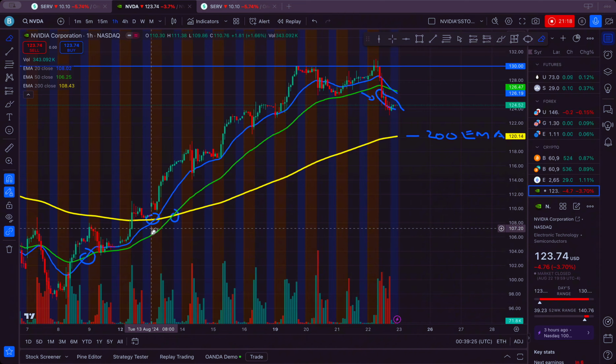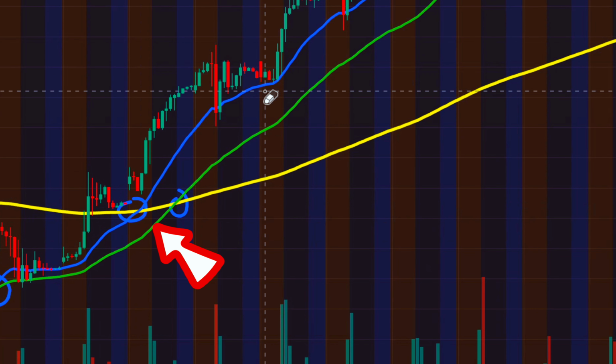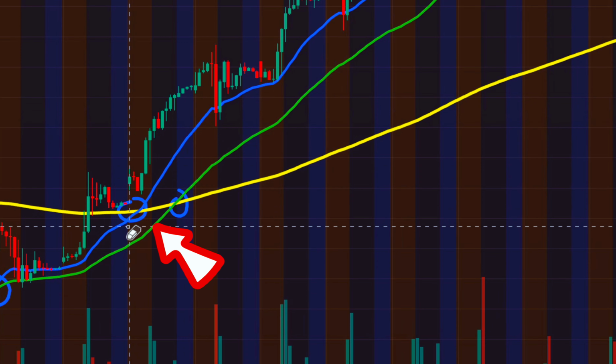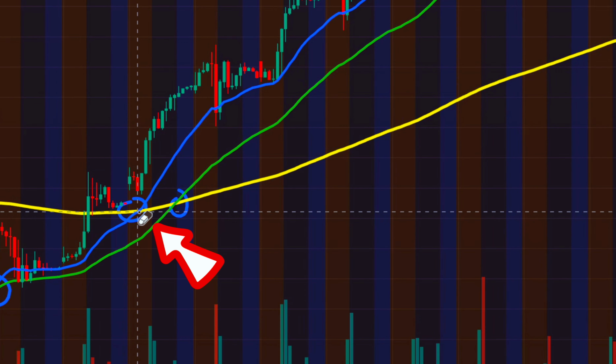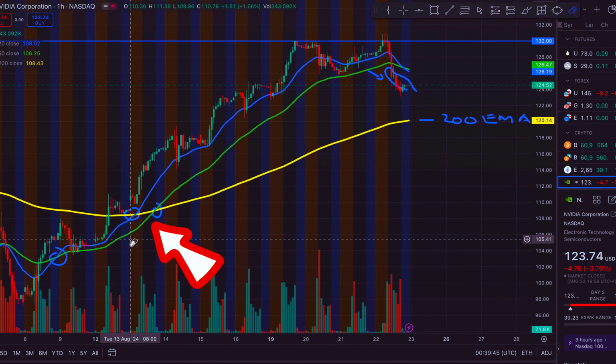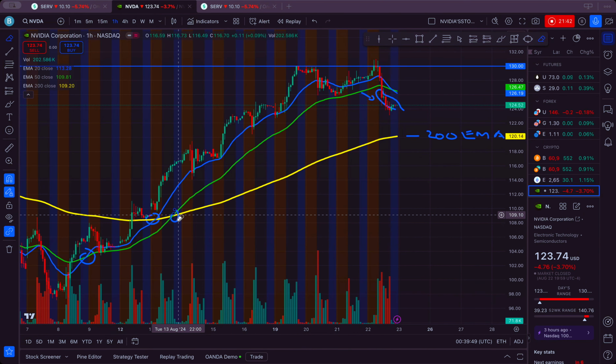So you can see over here, the blue line, I mean the 20 EMA, crosses the 200 EMA. And here, the 50 EMA crosses the 200 EMA.